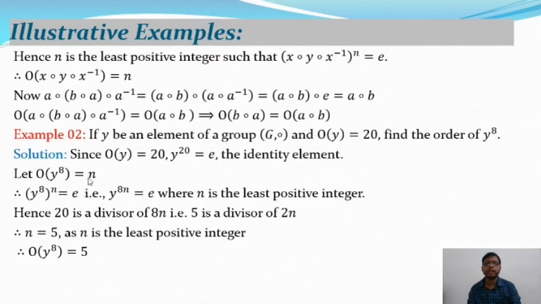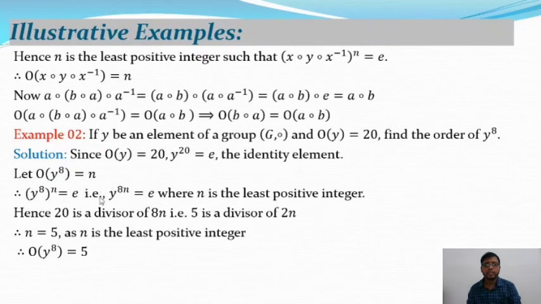That means y to the power 8 whole to the power n is equal to E, that is, y to the power 8n is equal to E, where n is the least positive integer.